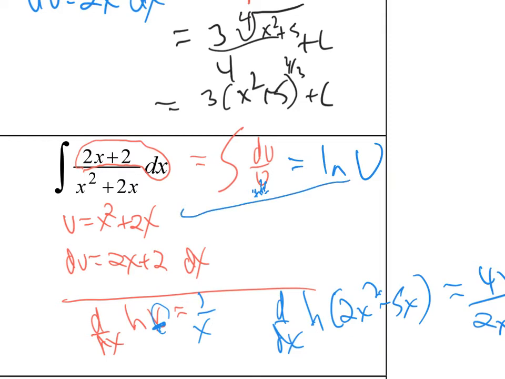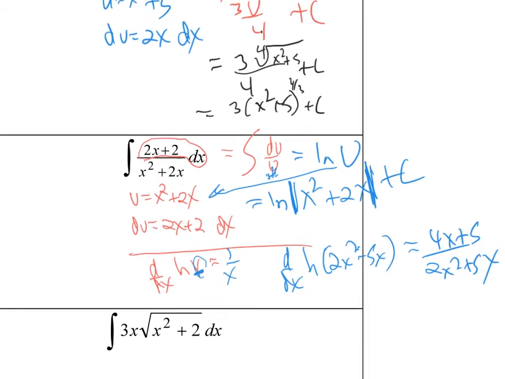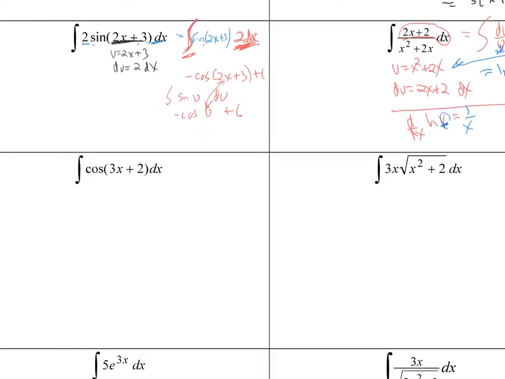I know what u is. So this answer is natural log of x squared plus 2x. And I am going to tell you, since you can't take the natural log of a negative number, we like to put absolute values on our natural logs. Wow, that was fun. I know you're having fun too.